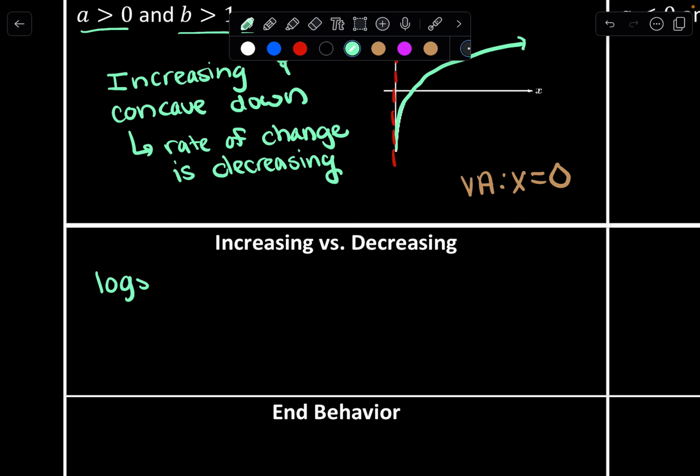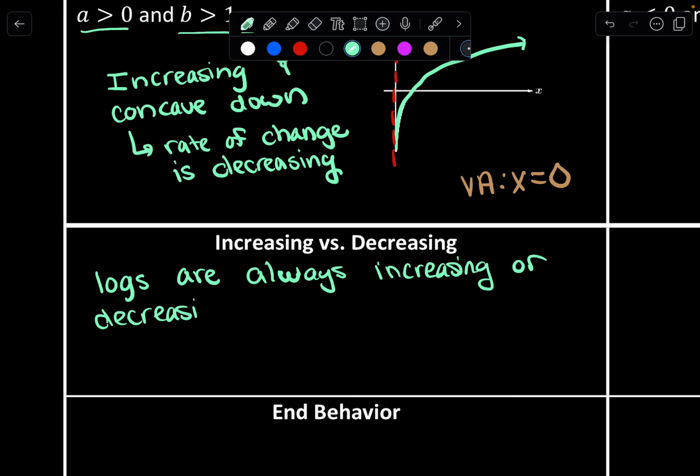Logs are always increasing or decreasing, meaning they are also monotonic. So because it's never changing, whether it's increasing or decreasing, we have no extrema.